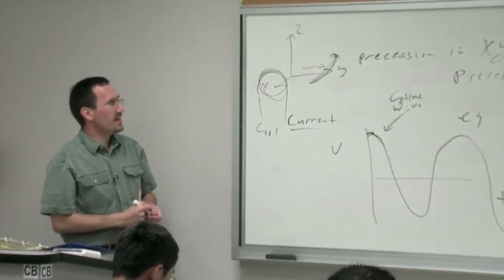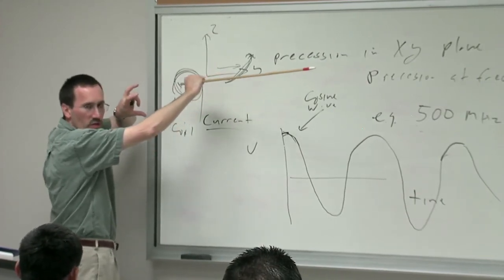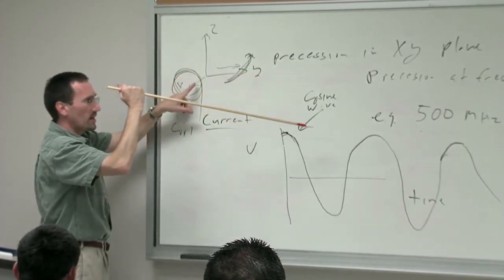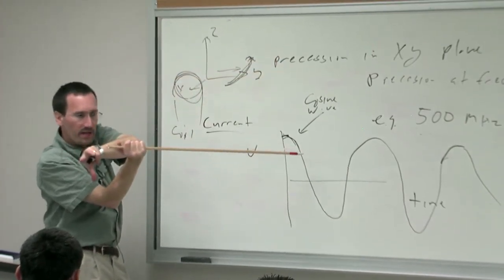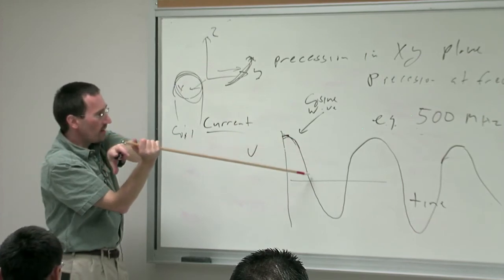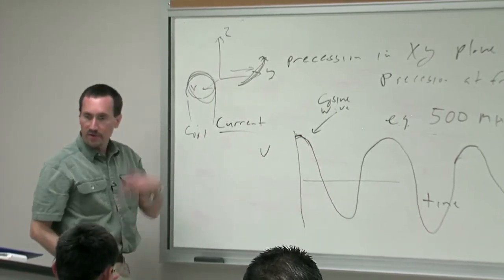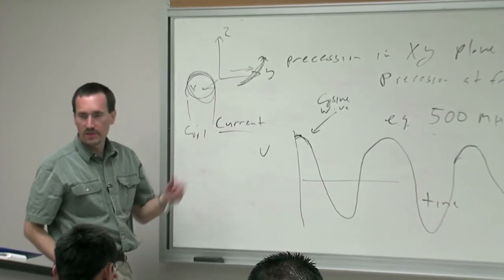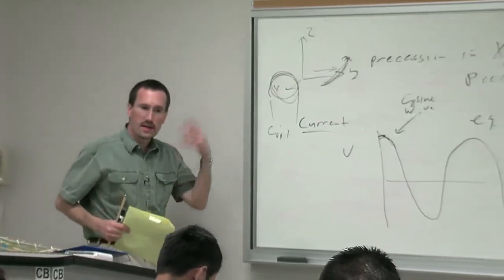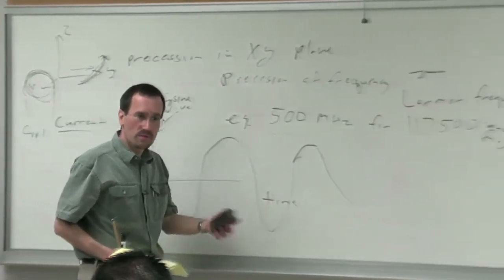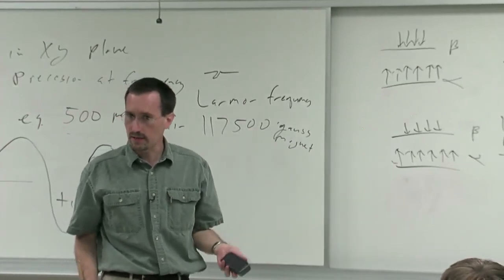But what that's saying is as the vector is like this in relation to the coil, your voltage comes to a peak, and then as it gets along the negative x-axis, you come down and it gets to the negative y-axis and it comes up. And for your 117,500 Gauss magnet, we're going ahead and having this frequency be 500 million cycles per second.